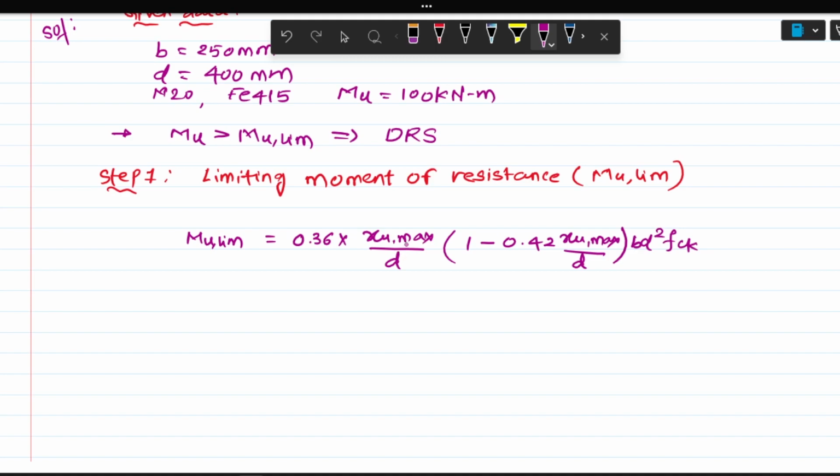This is the actual formula given in the IS code, and it is available on page number 96, in IS 456-2000, clause G-1.1 of Annex G. Let's reduce this equation into a simple form.